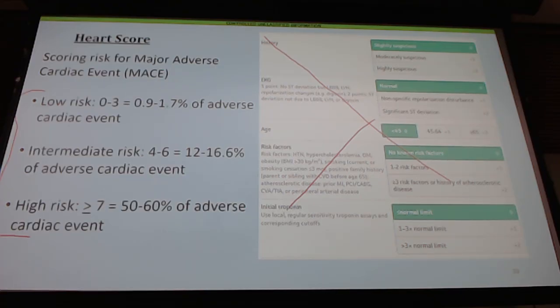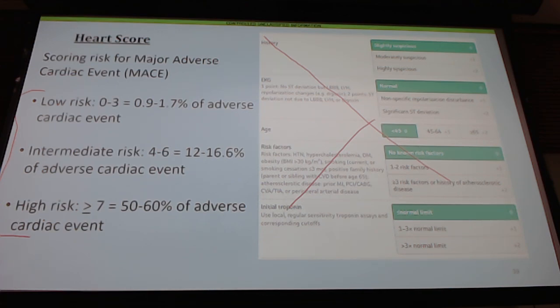So somebody is considered low risk if they have a score of 0 to 3 on it. They're intermediate risk if they're 4 to 6, and they're high risk if they have a score greater than 7. So when you look at the thing, again, don't memorize this chart, but based on the history, how suspicious are you that there's a cardiac event going on?